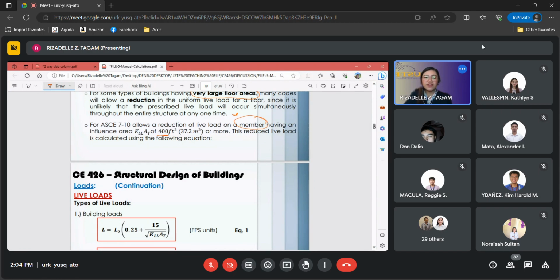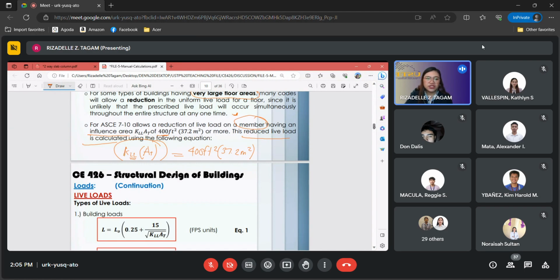Having an influence area of K sub LL, where LL means live load, K live load multiplied by the tributary area, if the answer is greater than 400 square feet or 37.2 meters squared or more, you can reduce the live load. If it is 400 square feet or 37.2 square meters and above, we can reduce.